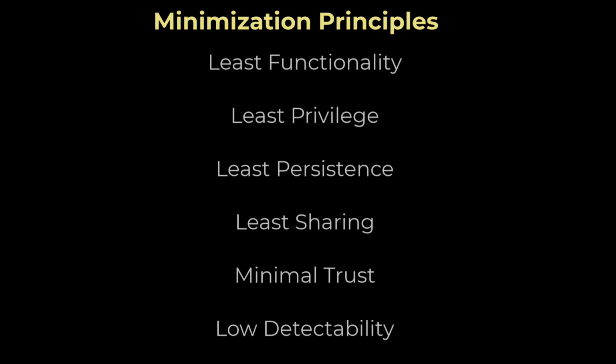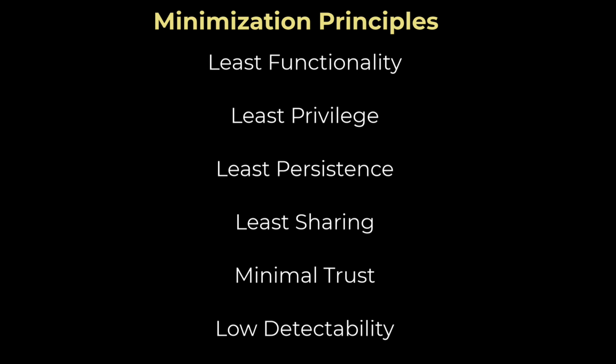By implementing these minimization principles, least functionality, privilege, persistence, sharing, minimal trust, and low detectability, we drastically narrow the avenues an attacker can exploit. We essentially shrink the attack surface to only what is absolutely necessary.